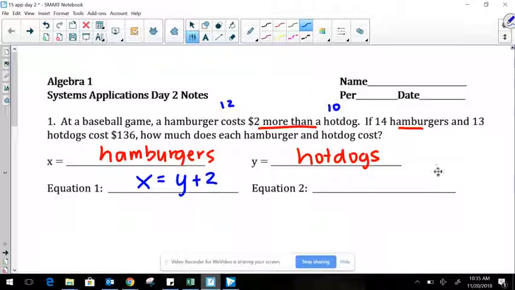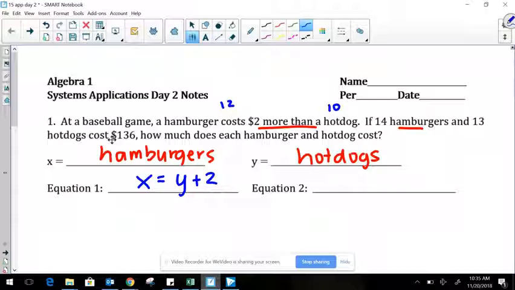Okay, so then my second equation. I need two equations because I have two variables that I'm going to need to solve for. I have 14 hamburgers and 13 hot dogs that cost this much. I can use all that information for a second equation.